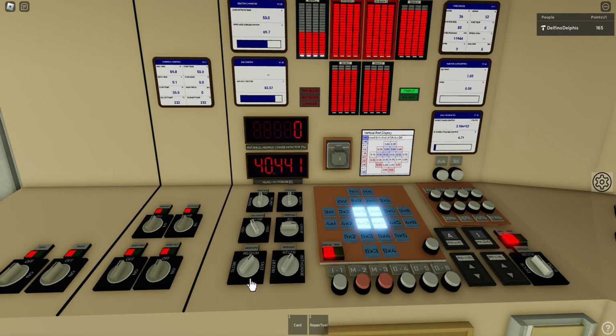So let me now reduce the speed of the rods pull, because the period is quite low already. Okay, you see it's dropping again. So we are pretty much critical now.